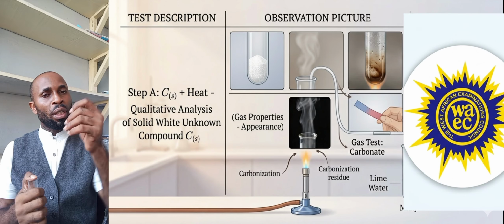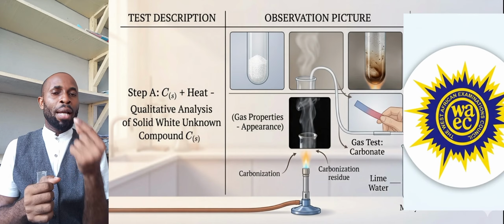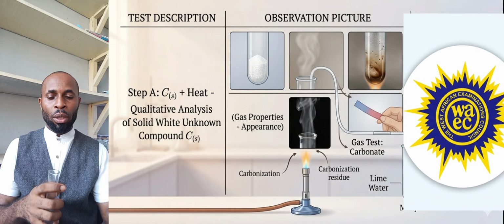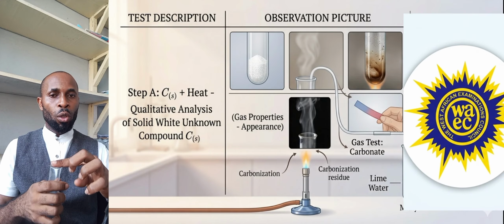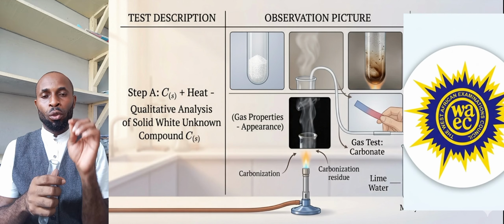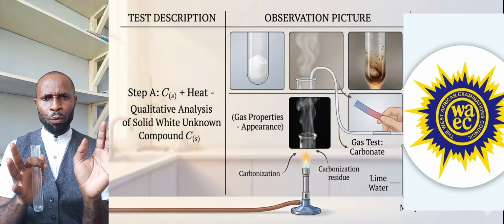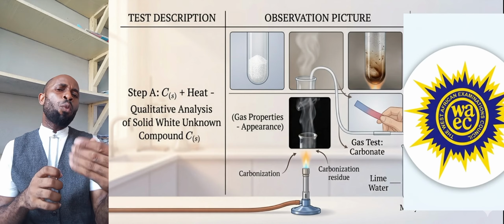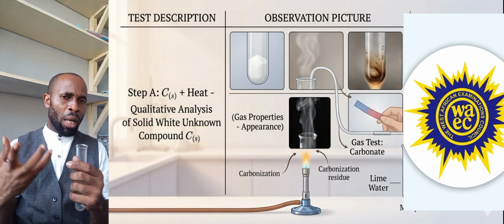At the same time, if you get a blue litmus paper and a red litmus paper, dip them inside water and bring them closer to the opening, you're going to notice that the blue litmus paper will turn red. That's beautiful. So what are we going to say from all these things that we have observed?